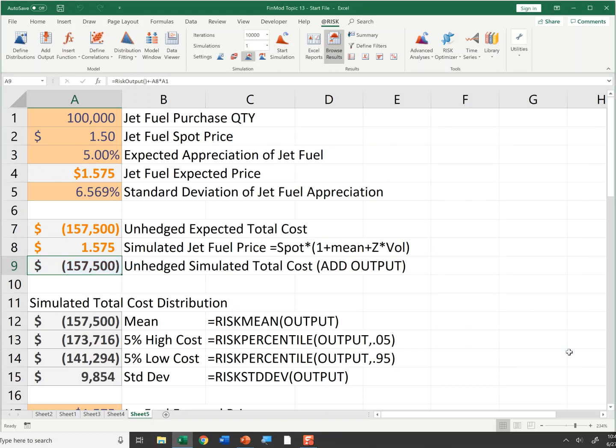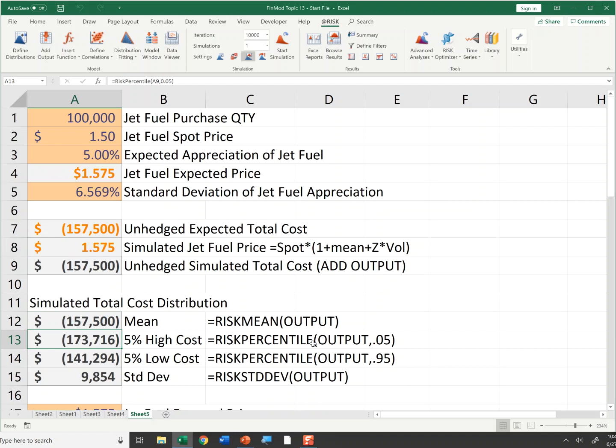I also did a few more formulas in here. I used RiskMean and then selected the output. So that's the 157.5. It's the simulation mean. I took the RiskPercentile 5% of that cost, which will give me my 5% highest cost or lowest number.